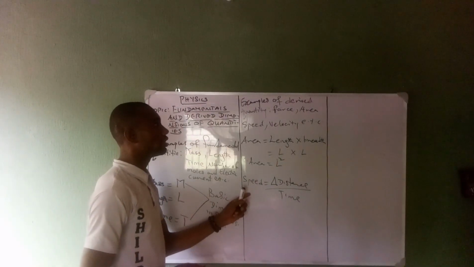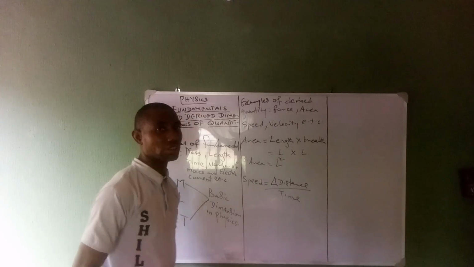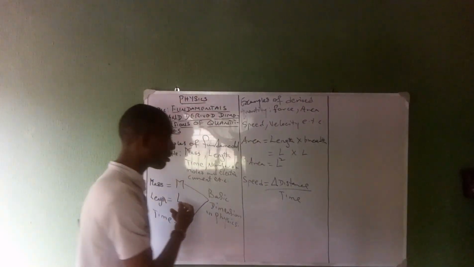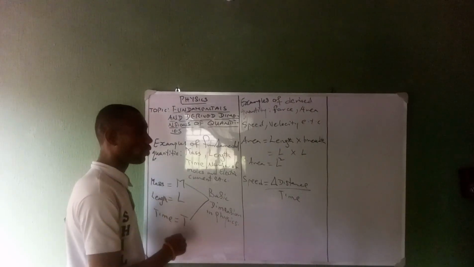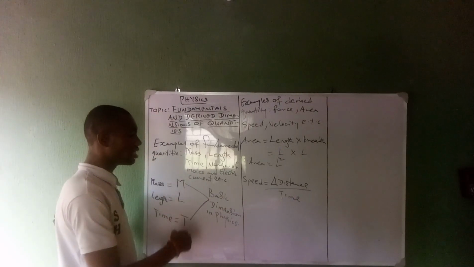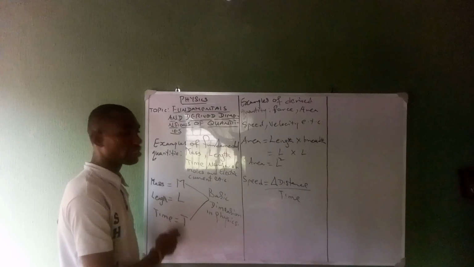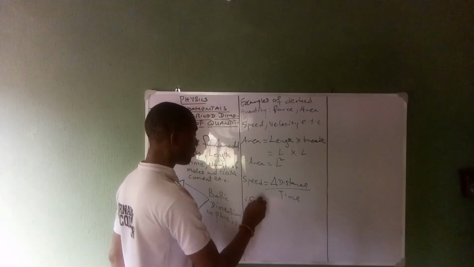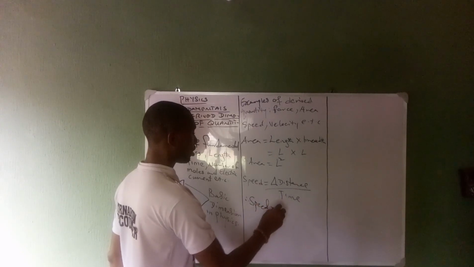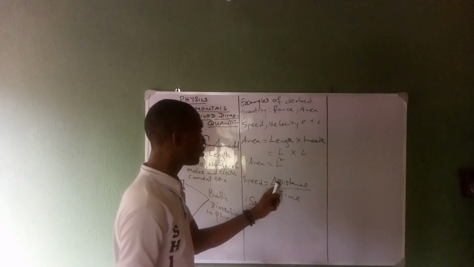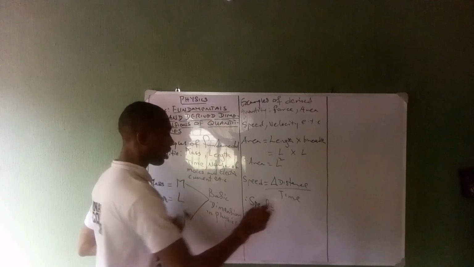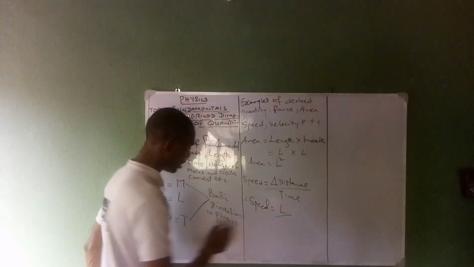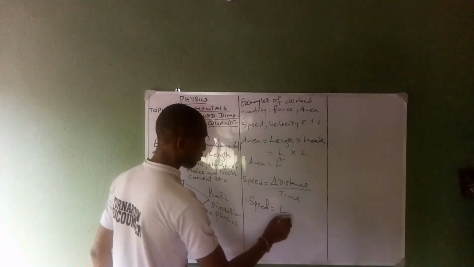Remember, speed is a derived quantity, because derived quantities are quantities that are dependent on the fundamental quantities. In other words, for them to exist, they need the presence of the fundamental quantities. So for speed, the dimension for distance is L, over the dimension for time, which is T.